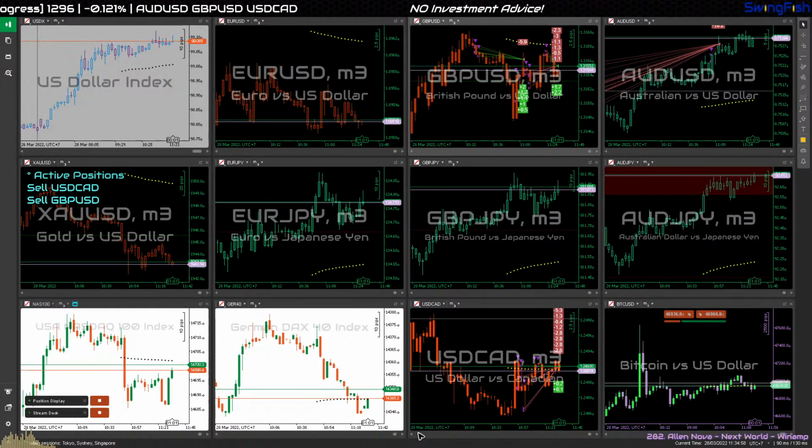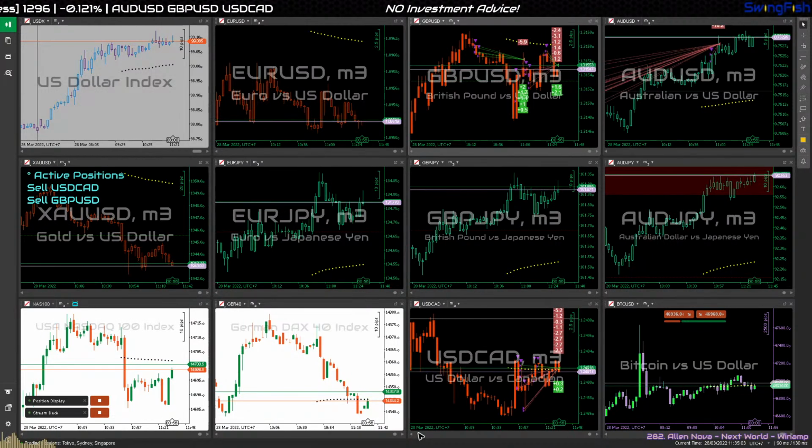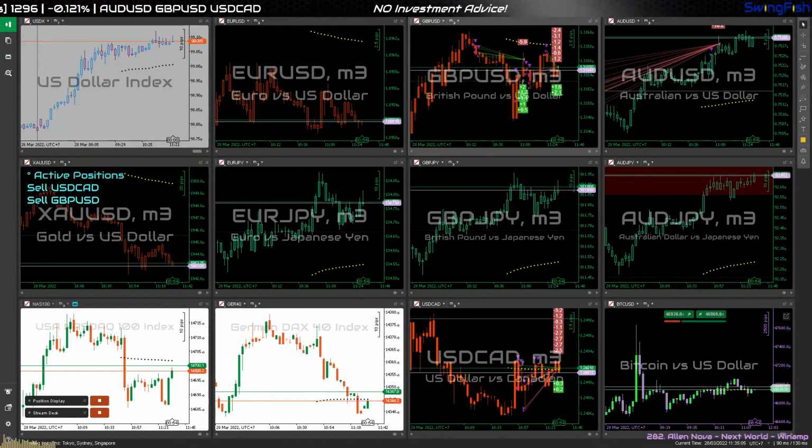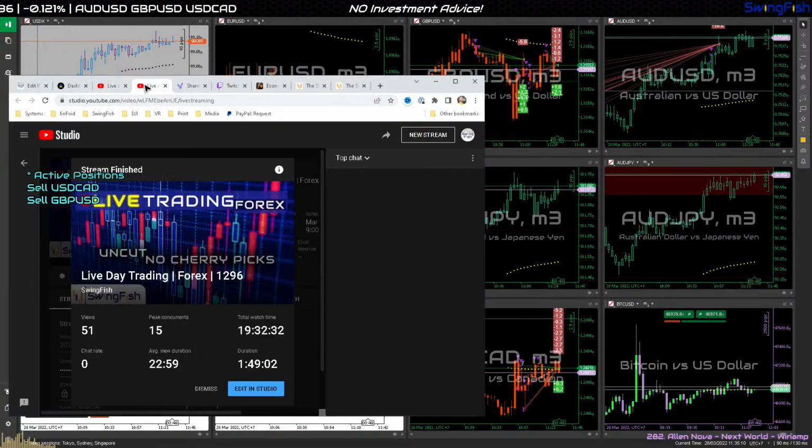So if we get a pullback on the Aussie dollar, then dollar CAD might head up, which would support euro shorts and pound shorts as well.